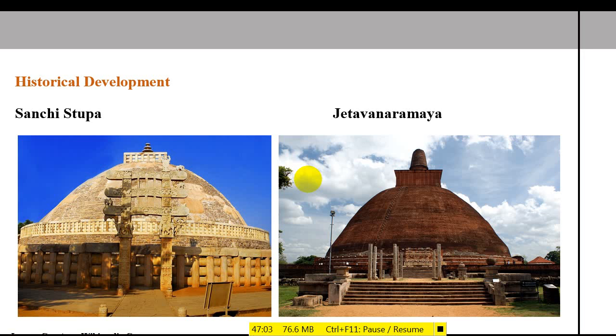Otherwise, they would have built palaces instead of temples. So if you want to remain in history, in those days you needed to build temples. That's why we have temples built by every king.